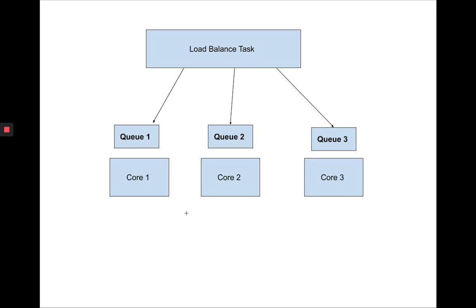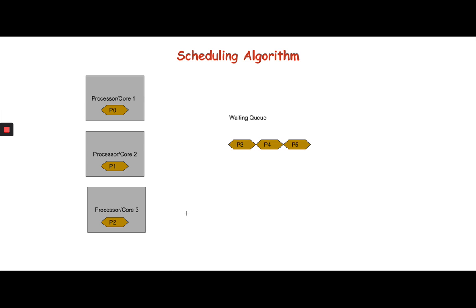All right, internally there is a scheduling algorithm. If you check out my previous video, it explains this a bit more. For example, each process will get some time to be executed by each core.